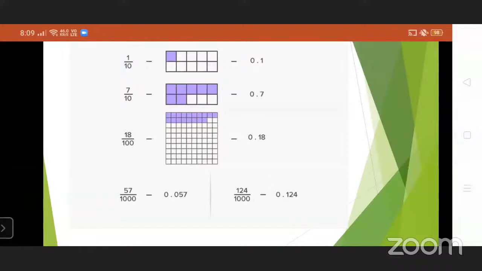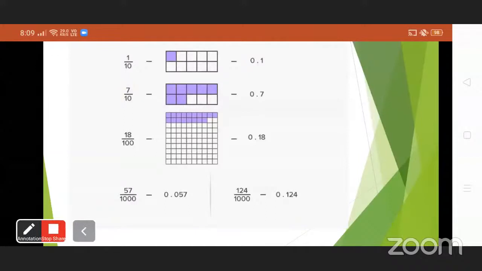Now see, which are the denominators in these fractions? You know now which one is the numerator and which one is the denominator? Tell me the first one.